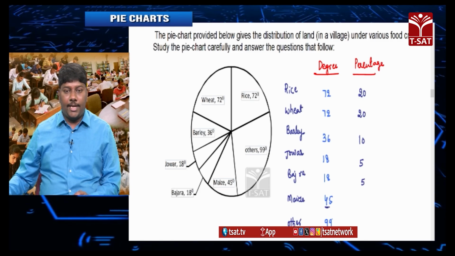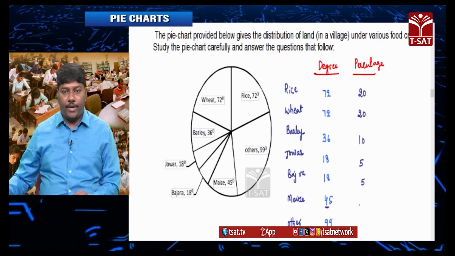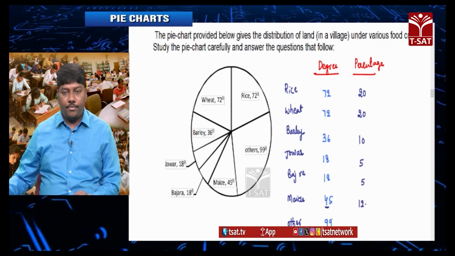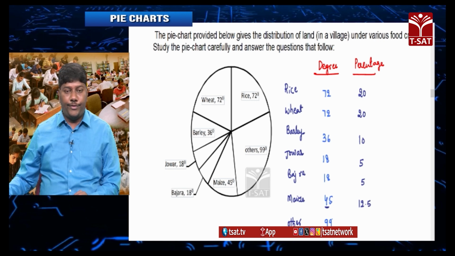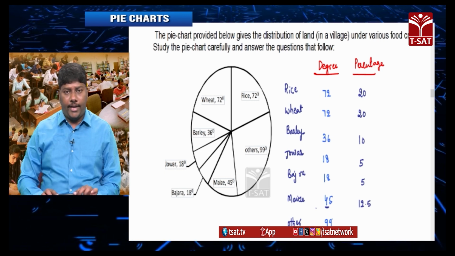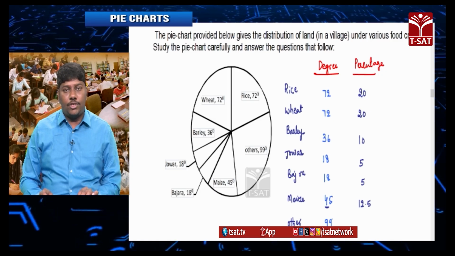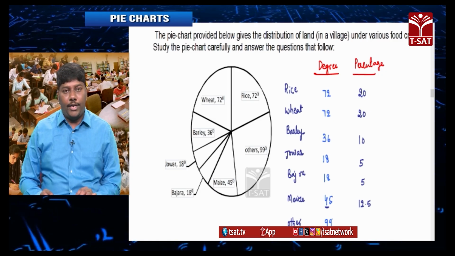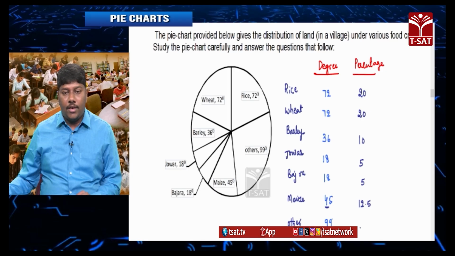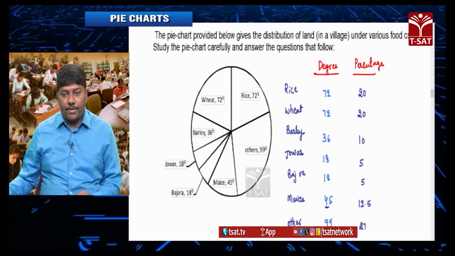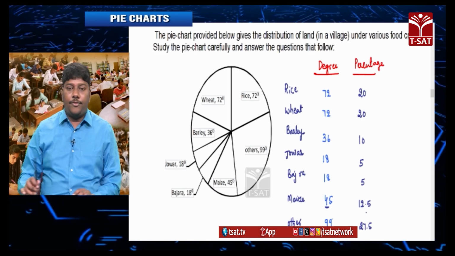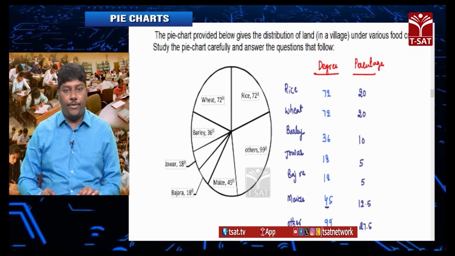This is 36 plus 9, 10 plus 2.5, 12.5. I told you in the beginning how we convert 45 and 99. When you look at 99 also, 90 means 25%, 9 means 2.5%. Therefore, 25 plus 2.5 gives me 27.5%. In terms of percentage, if you add everything, it's going to be 100%.